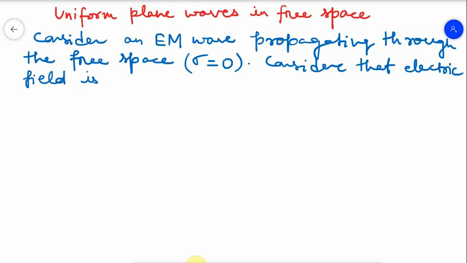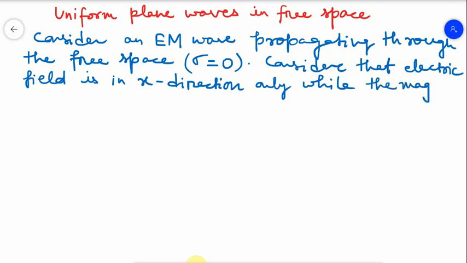The electric field is oriented in x direction only, while the magnetic field is oriented in y direction, along y direction.